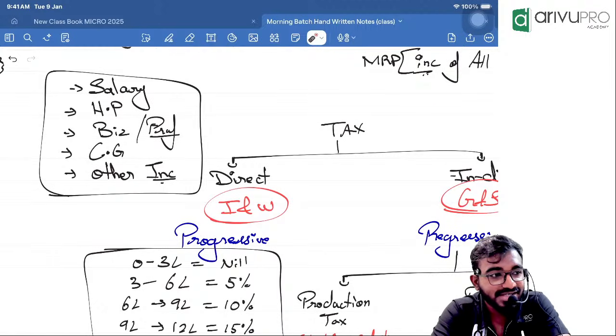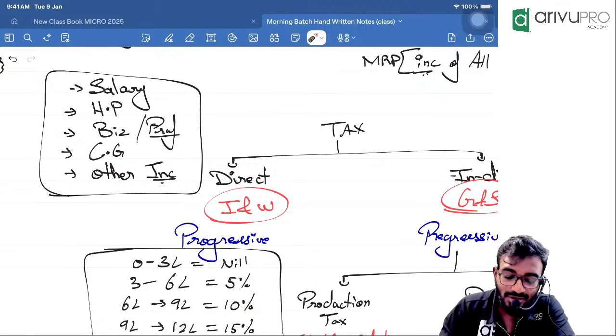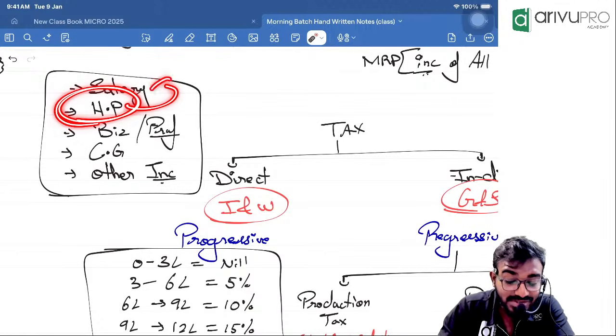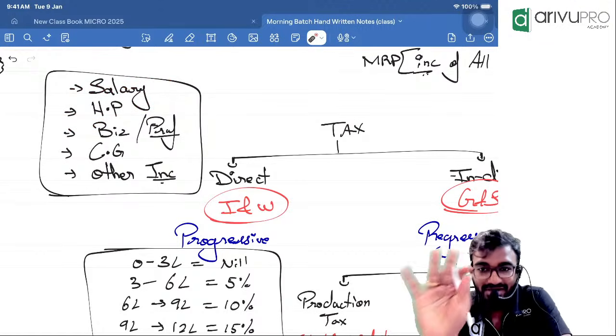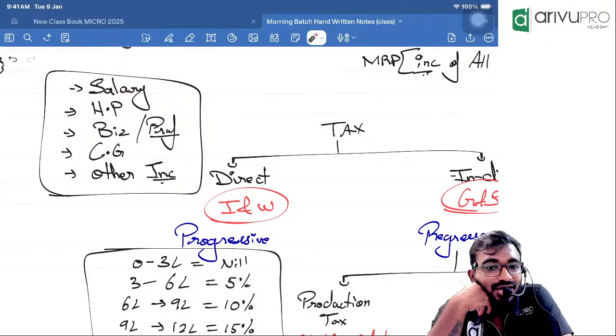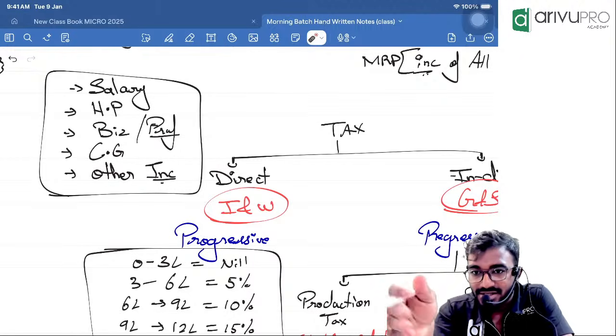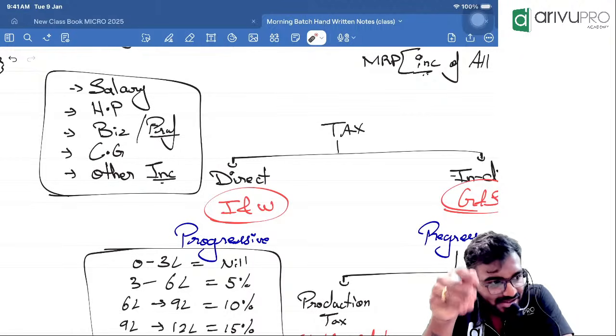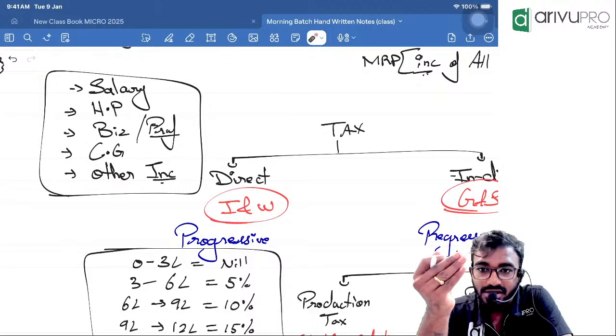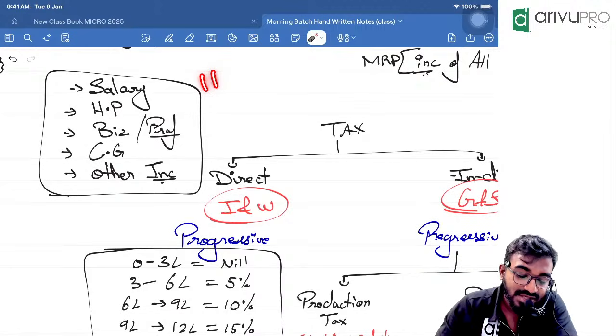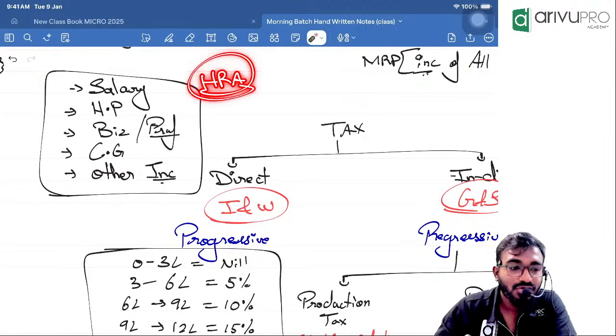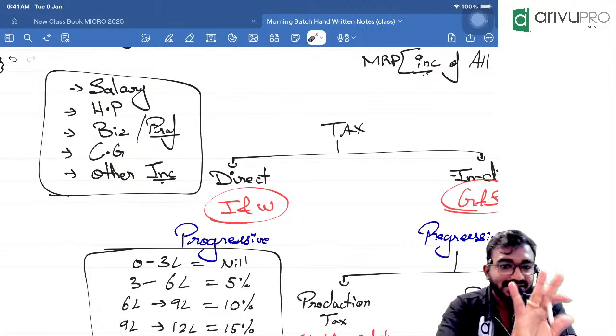Now, Nirmala aunty has set up a new trap. I don't know how many of you know it, but there is a nice trap that Nirmala aunty is setting up for house property income through salary. I will give an example. Let's assume you are in a metropolitan city like Delhi, Mumbai, Kolkata, Chennai, and along with that, now they have included something called HRA, House Rent Allowance.